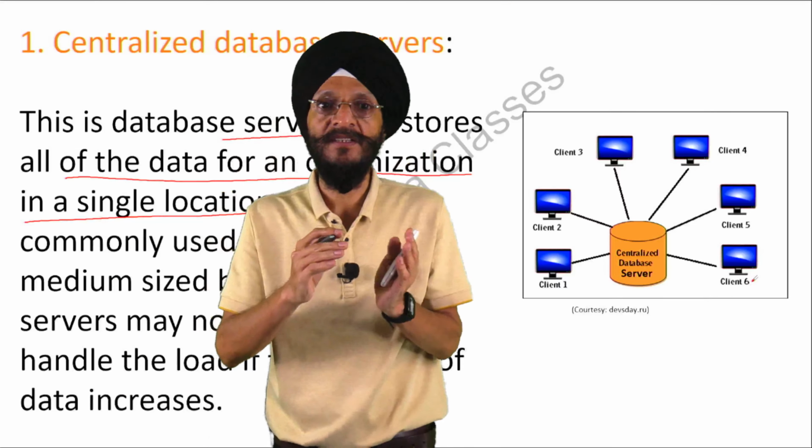If the number of users or the amount of data increases, the centralized database server may not be in a position to efficiently perform its function. So next is distributed database servers.